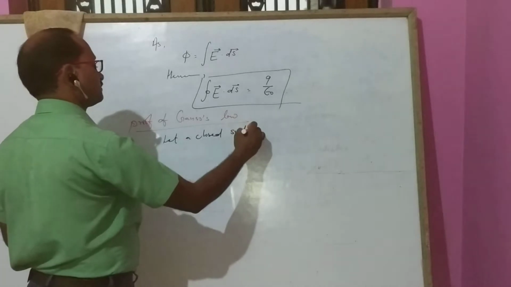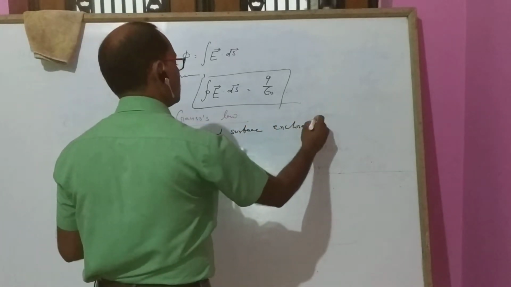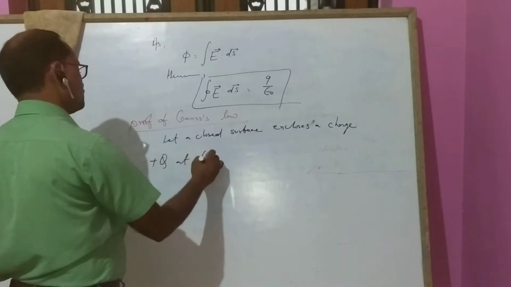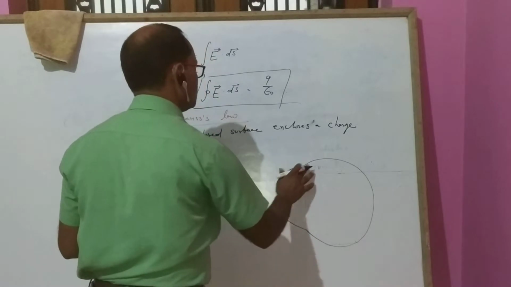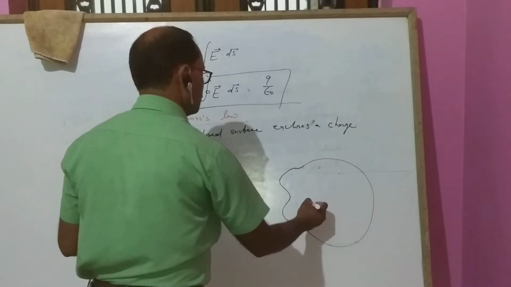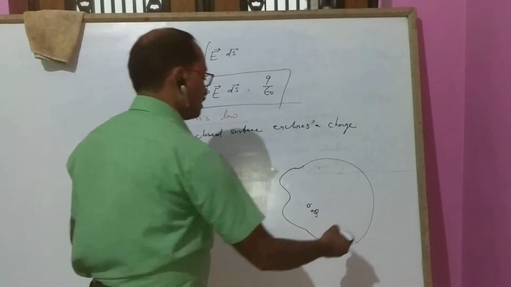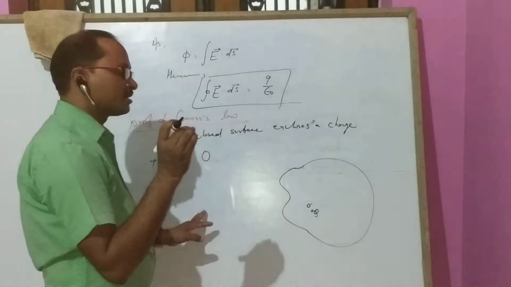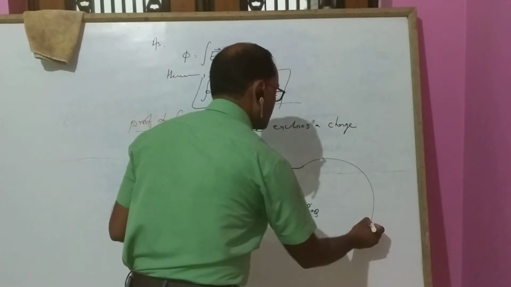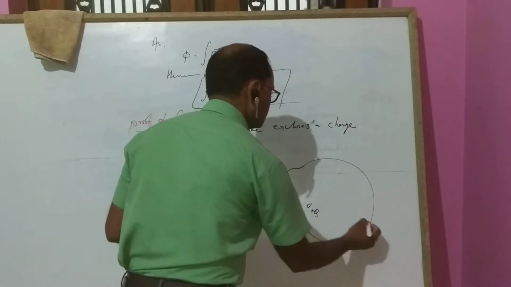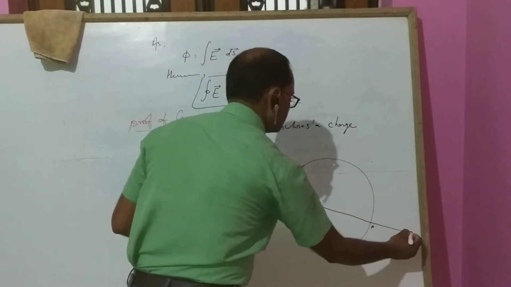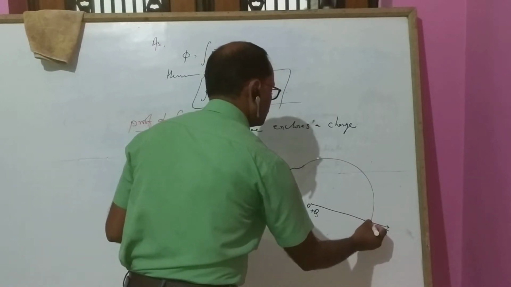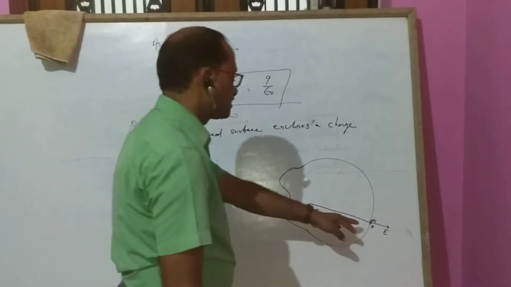Let a closed surface enclose a charge plus Q. So, this is the closed surface under consideration, and it encloses a charge plus Q at point O. Now, at any point P, you can take this point anywhere, we will consider an area element at that point.